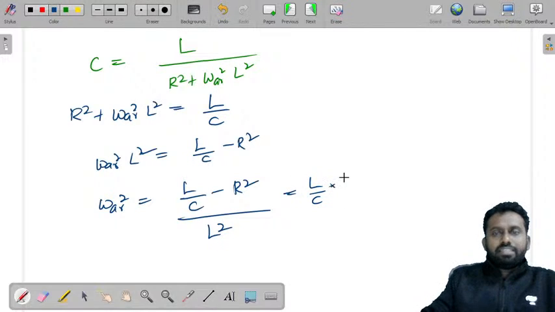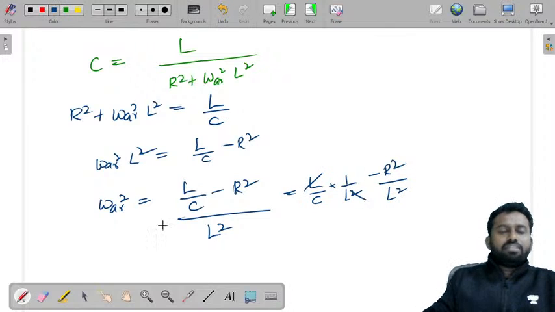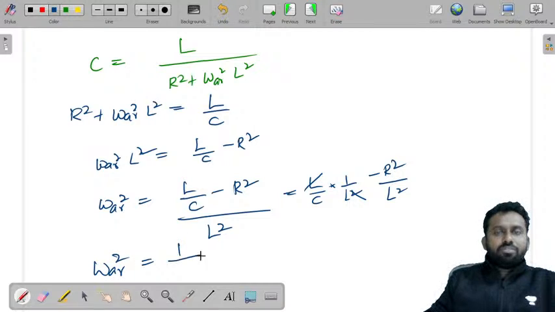That is L by C into 1 by L square minus R square by L square. You can cancel these two. So omega_ar square is equal to 1 by LC minus R square by L square.